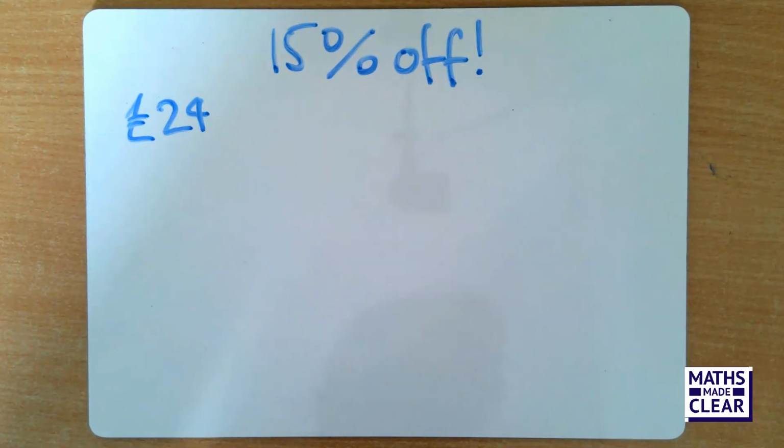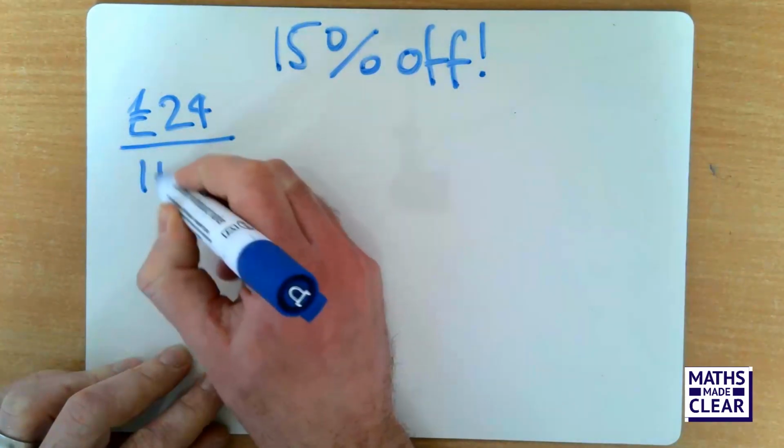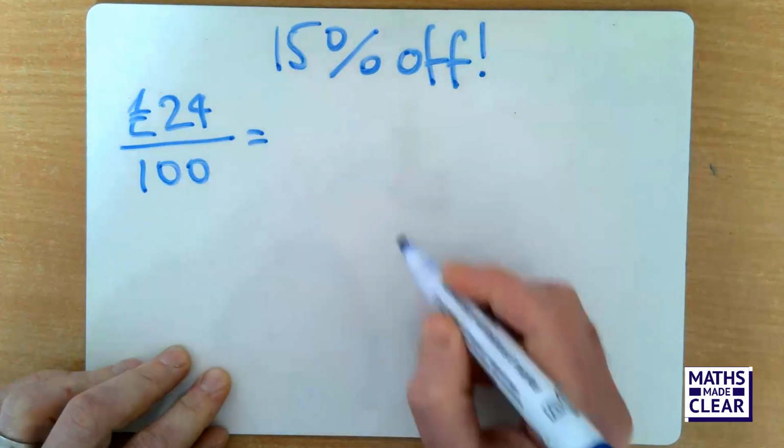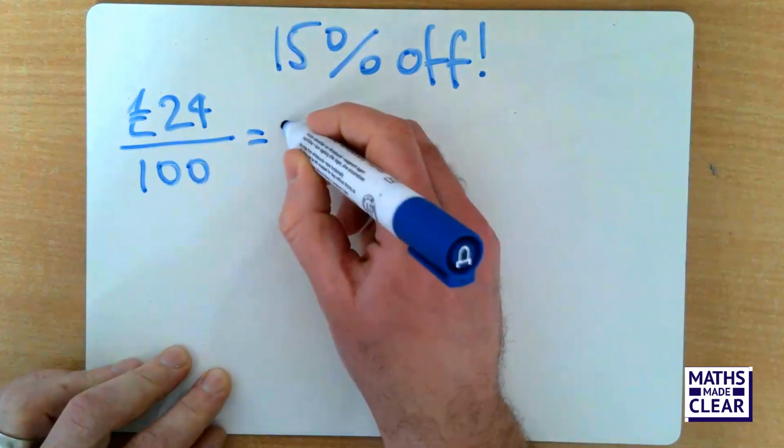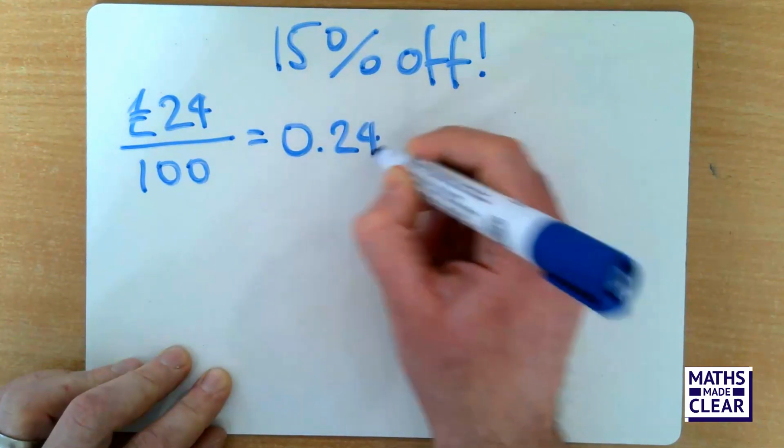All a percentage means is that you're going to take a value, in this case £24, and divide it into 100 equal parts. So if I divide 24 by 100, that would give me 1%. All right? So if I did that, actually, if I divide 24 by 100, I'm going to get 0.24, 24 pence.